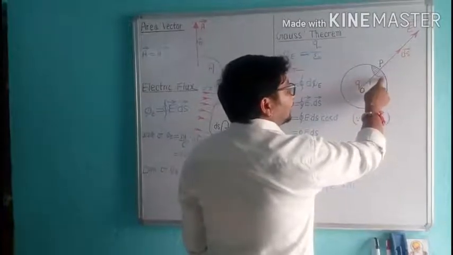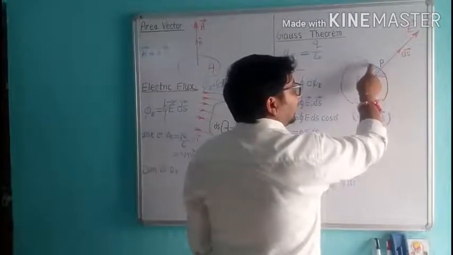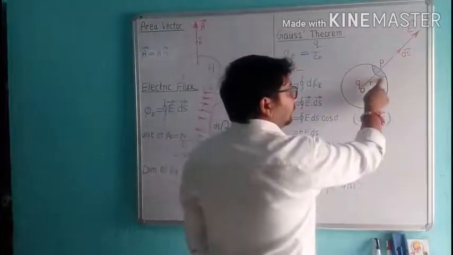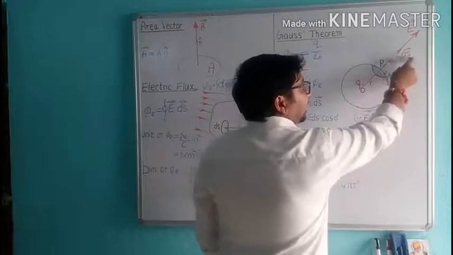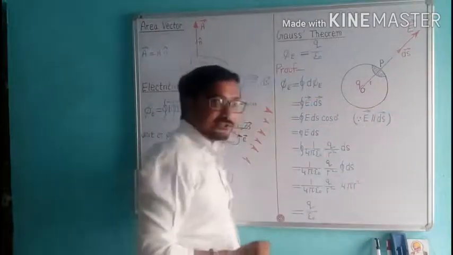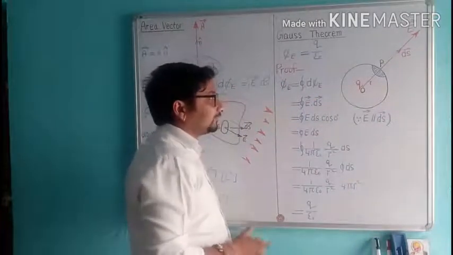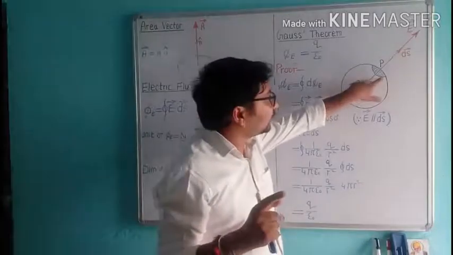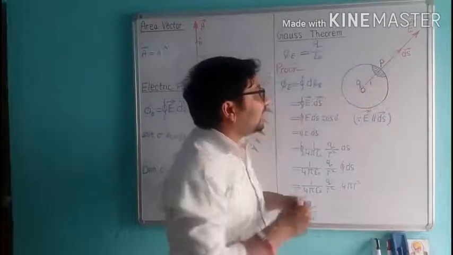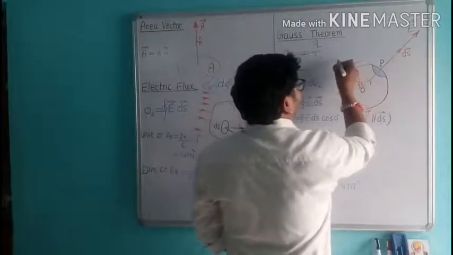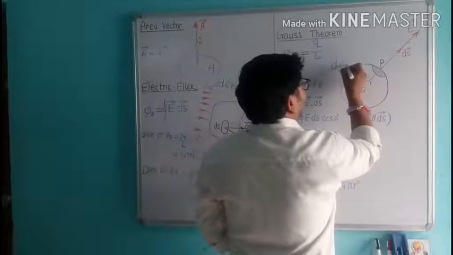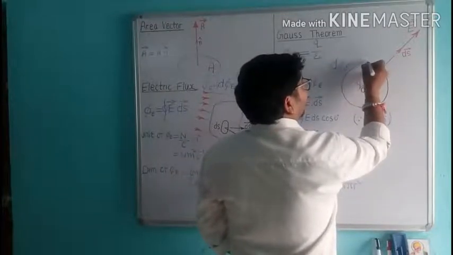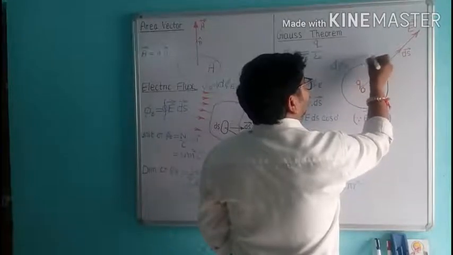Again, consider a small area in this sphere, which is represented by an area vector ds vector. Then the small electric flux passing through this small area element will be d phi e, which is equal to E dot ds.